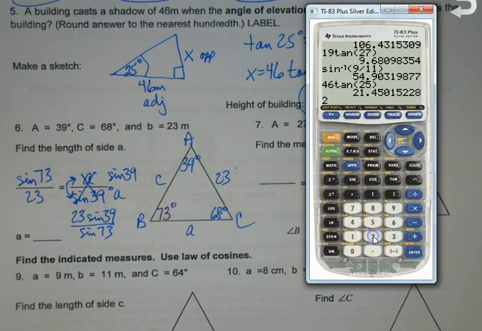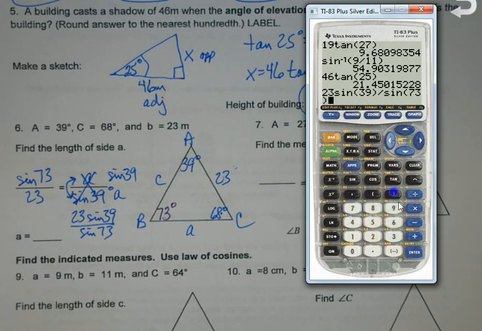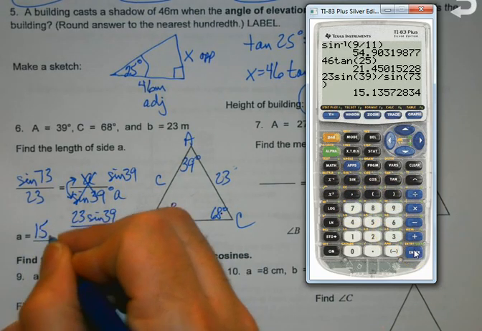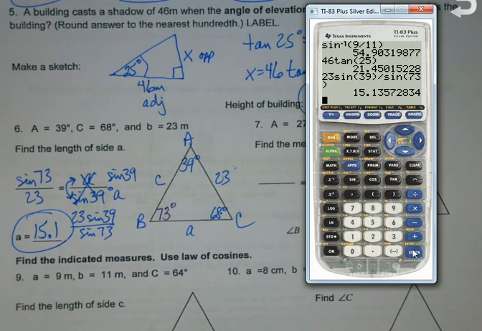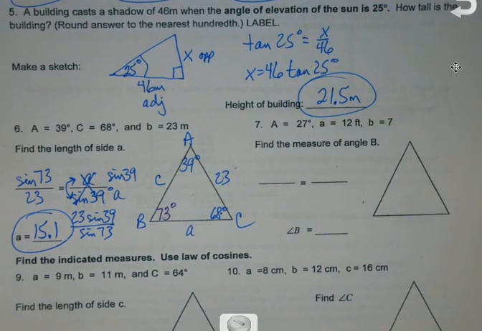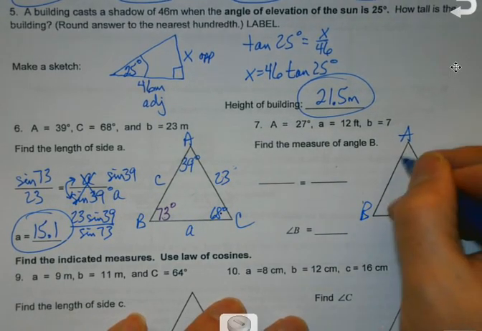So my A value is 15.1. Okay, so always take a look at your info first before you dive too far in. Second one, I didn't make you think as much.